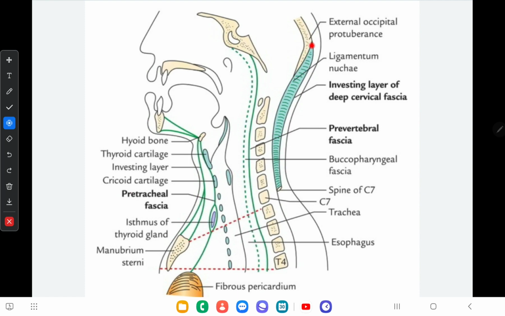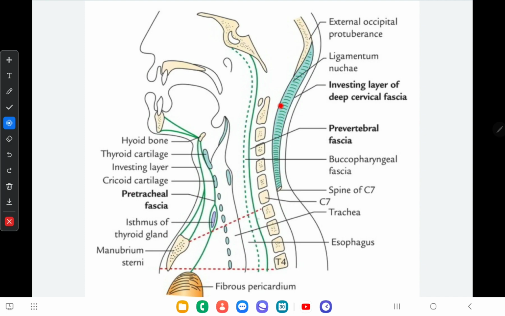Here you can see the posterior attachment to the ligamentum nuchae and the spine of the 7th cervical vertebra. This is C7 and here is the spine of C7. This is the ligamentum nuchae. So posteriorly it attaches to the ligamentum nuchae and the spine of the 7th cervical vertebra.